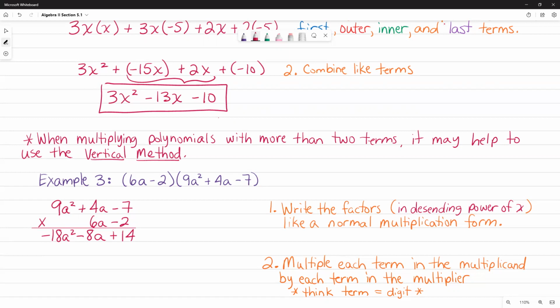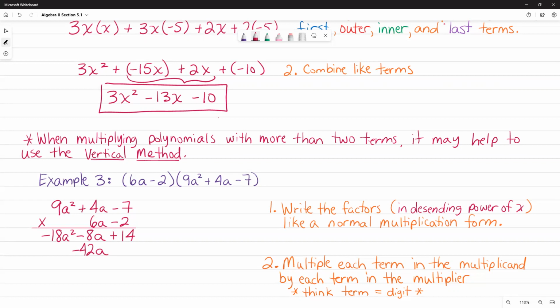All right. So again, just like in a multiplication problem, when we write our second partial product, or in this case, partial polynomial, you sort of annex in a 0, in this case under the 14. So now we have 6a times -7. And it's -42a. So I'm going to put that under my -8a, because those are the two like terms I can combine when I simplify.